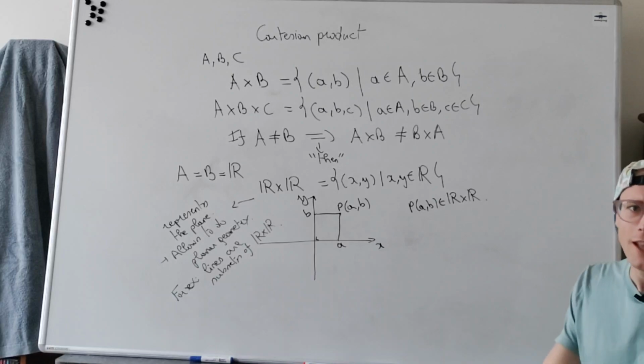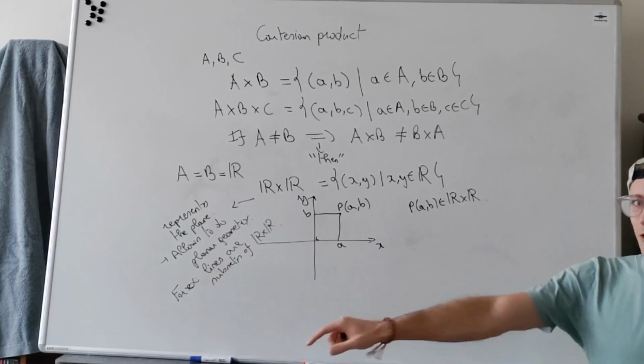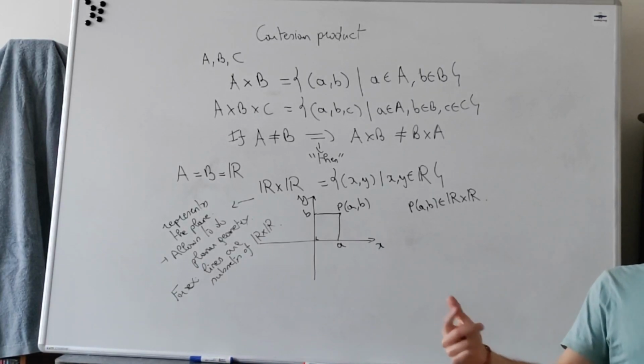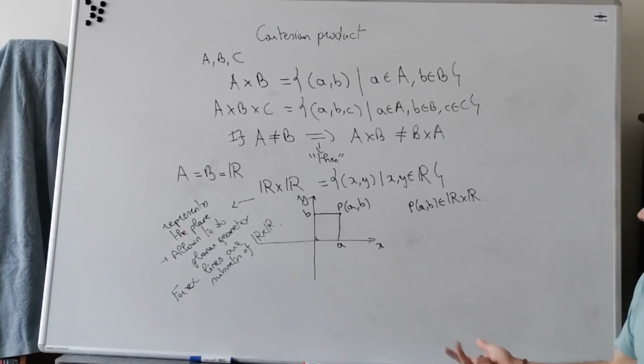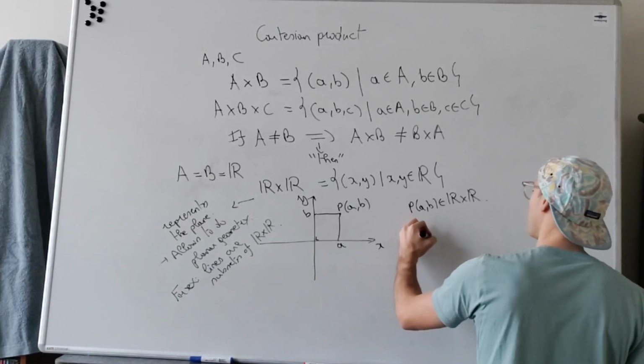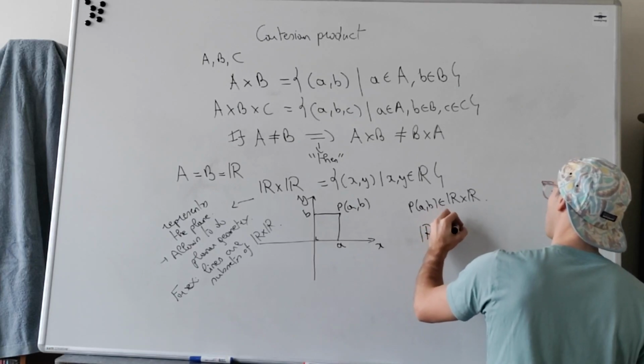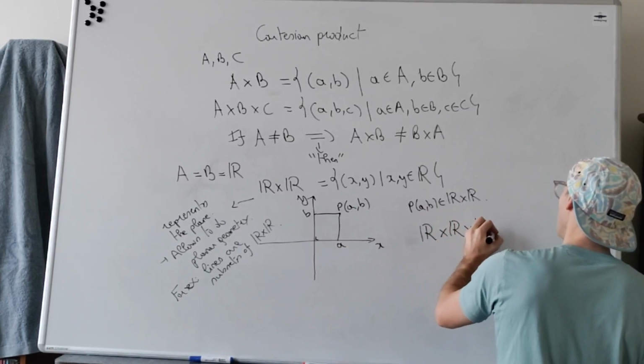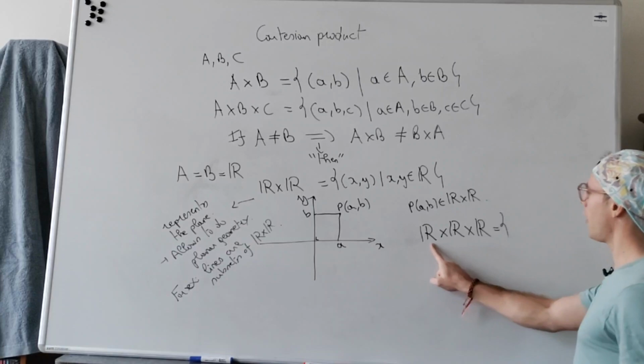If you want to say, well, okay, it's two-dimensional, R times R, two directions, I actually want to do three-dimensional because we live in a three-dimensional world. Of course, you can just look at the product R times R times R. So we now have three sets.